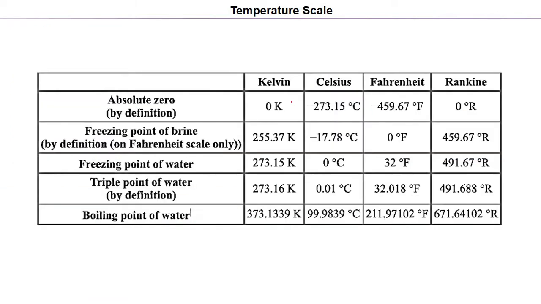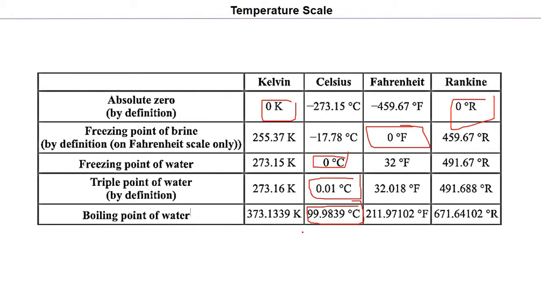Absolute zero is 0 Kelvin and Rankine, which are absolute temperature scales, whereas the freezing point of brine defines the Fahrenheit scale, as a reference temperature, where for water it's 0 degree Celsius. The triple point of water is also very close to it for the Celsius scale, and the boiling point of water defines the other extreme of the Celsius scale, where water boils.